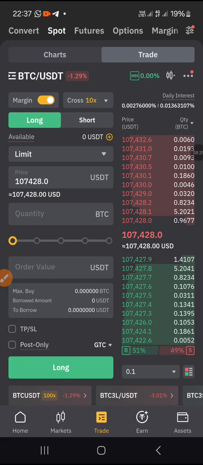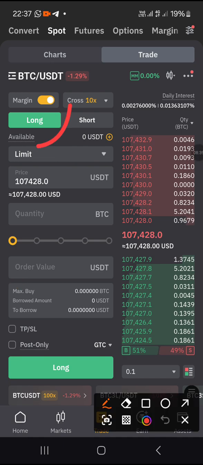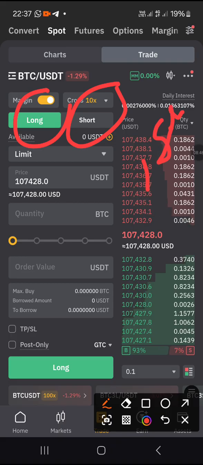Turning this margin on, you can see it automatically changes to long and short, which means buy and sell. Taking short means selling, and taking long means buying.